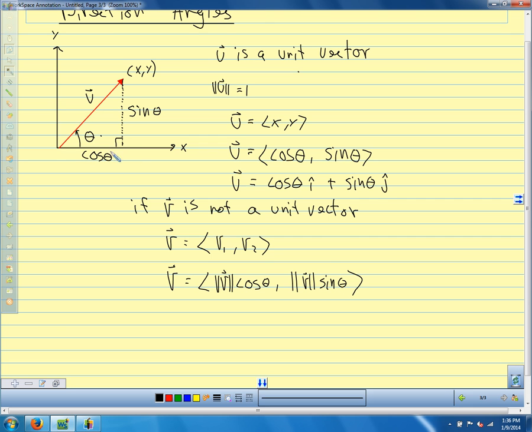Using the same idea that we did here, but rather than our hypotenuse being 1, the hypotenuse is going to be the magnitude of our vector, or we write it in i hat j hat notation. This is going to be v, magnitude of v cosine theta i hat plus the magnitude of v sine theta j hat.